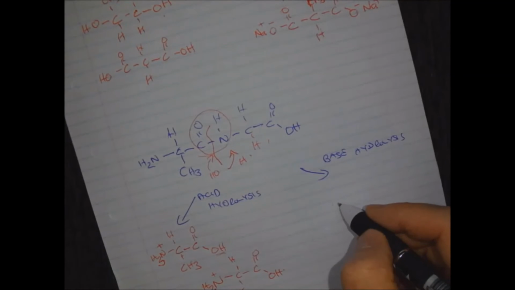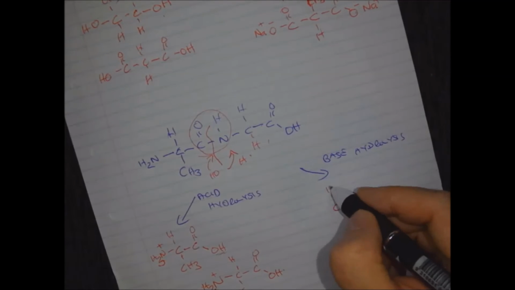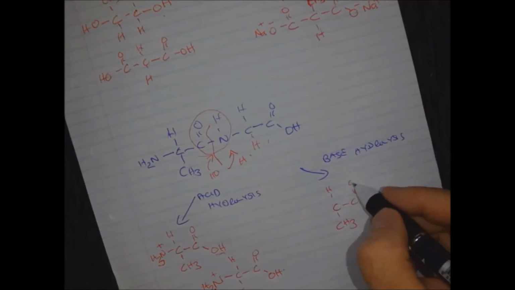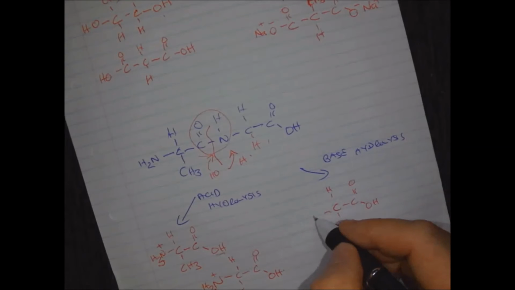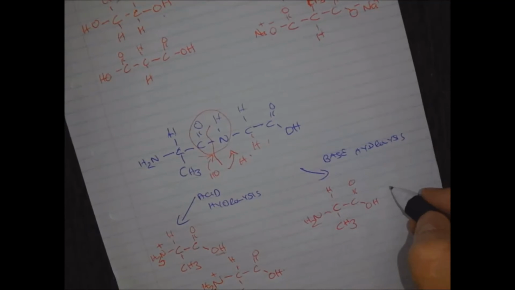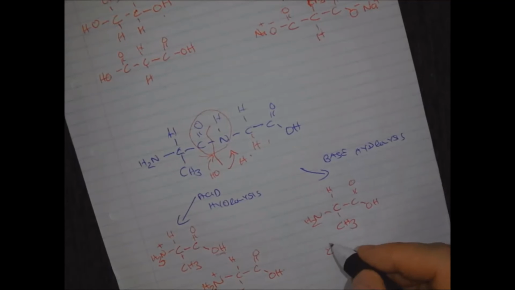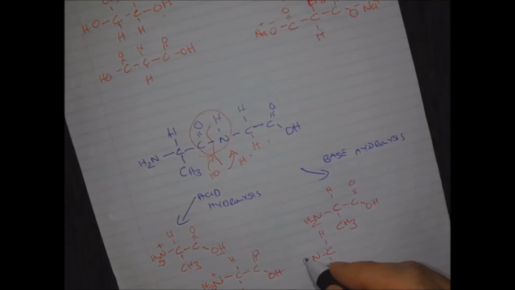Under base conditions, we would have, just draw these out first, CH3. So we'd have something like that, and next to it would have NCH, H, NH2.